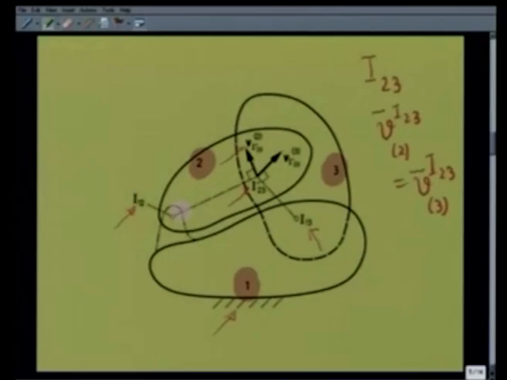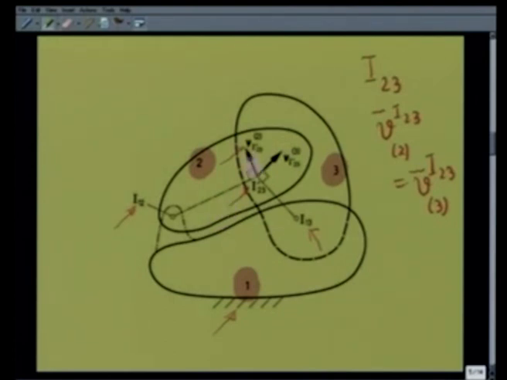Velocity of this point as a point on body 2, which is rotating about I12, must be perpendicular to this line. But if I consider this point to be a point on body 3, which is rotating at this instant about I13, then the velocity must be perpendicular to the line joining I13 and I23, that is in this direction.